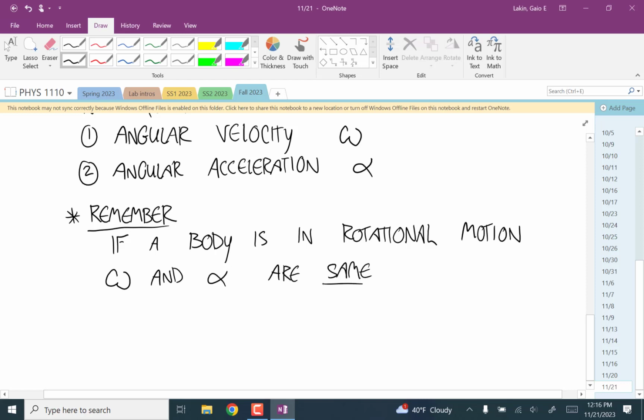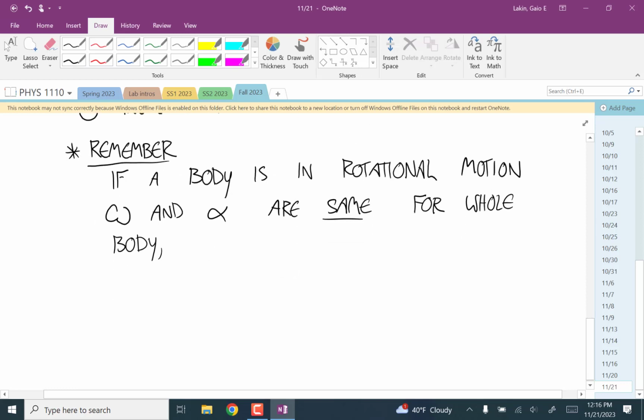So these values represent the entire rigid body. But the velocity vector, like we're used to thinking of velocity, and the acceleration vector, like we're used to thinking about acceleration, are different for every point on the body.